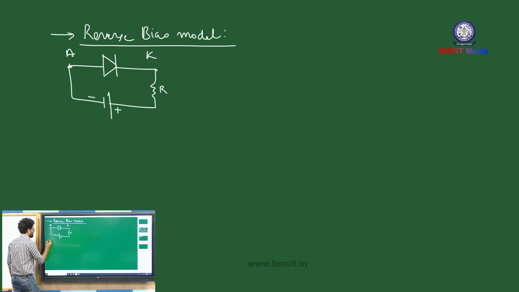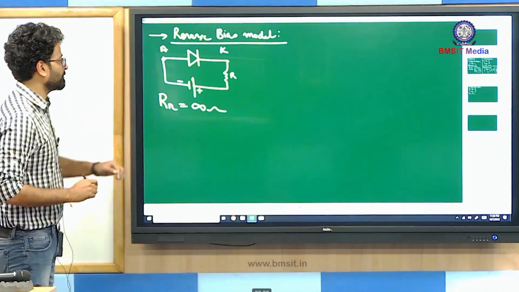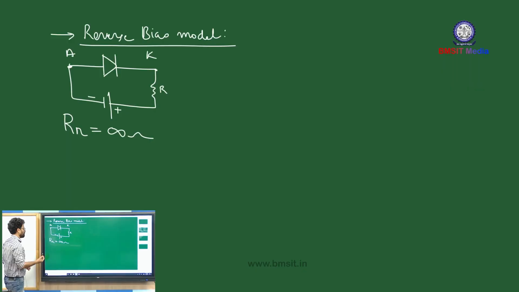In this case, the following assumptions are made. The reverse resistance RR is considered as infinite ohms. That means under the reverse biasing condition, the diode acts like an open switch. An open switch is analogous to the infinite resistance case.